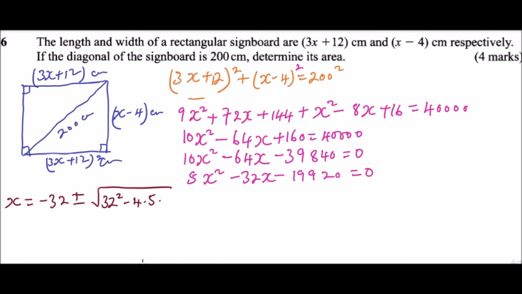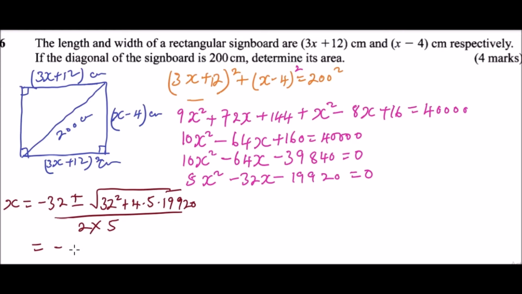So that negative and this negative changes to positive, negative 19,920. So you divide by 2, multiply by a, which our a is 5. Here you need now to make use of your calculator to work out what is under the square root sign.